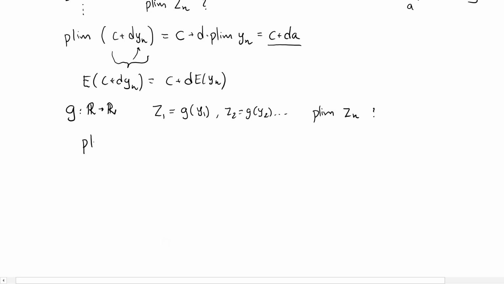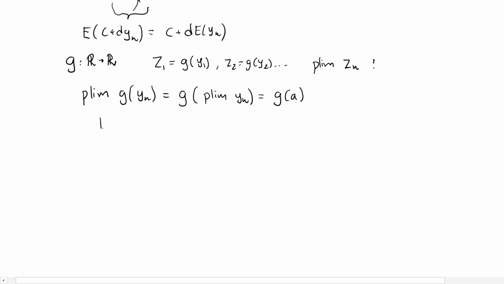That is, what's the plim of some function of yn? The result is that plim goes inside any function. So this actually comes out to be g of plim of yn. If plim of yn is a, this is g of a.